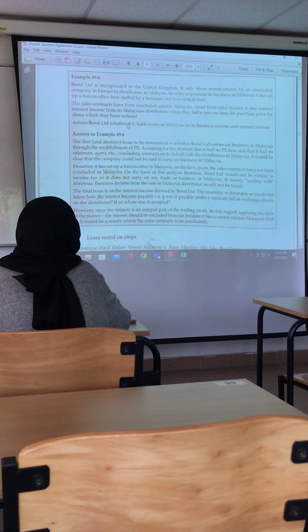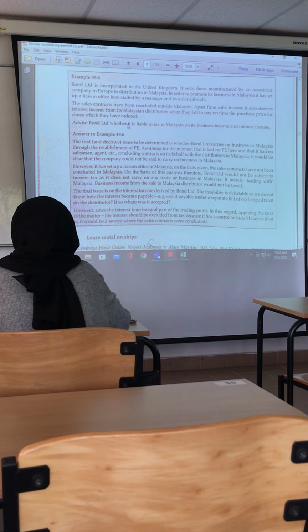The final issue is on the interest income derived by Bond Limited. The taxability is debatable as we do not know. Right, remember, interest income is based on derivation. If the income is derived in Malaysia, remember that the interest is received by Bond, so Bond is the non-resident person. But in order for the interest to be derived in Malaysia, not only must the payer be Malaysian, but also the interest is on the borrowing.